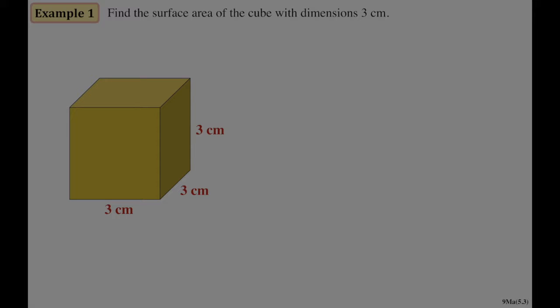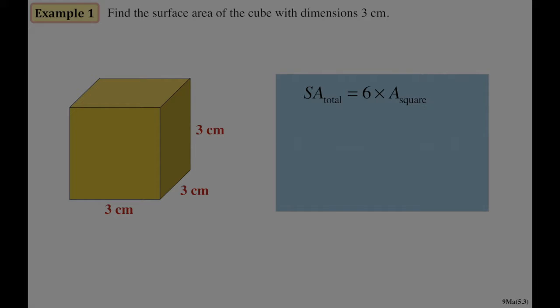If we look at our formula sheet, for any cube, the surface area, because there are 6 squares around the outside that are all the same, is just 6 lots of the area of one of the squares.